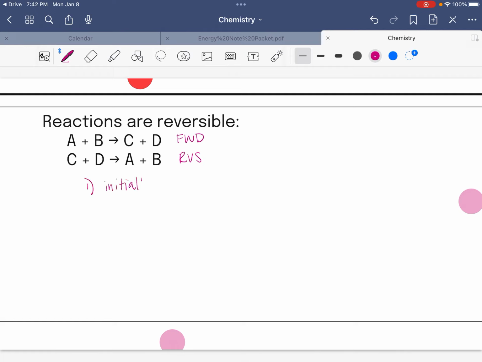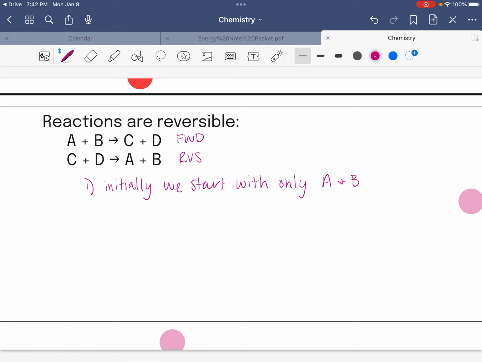In these types of reactions, generally, initially we start with only A and B. If we're doing an actual reaction and combining two reactants together, we start with those original ingredients.